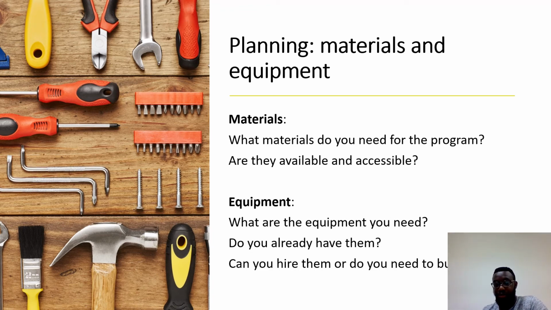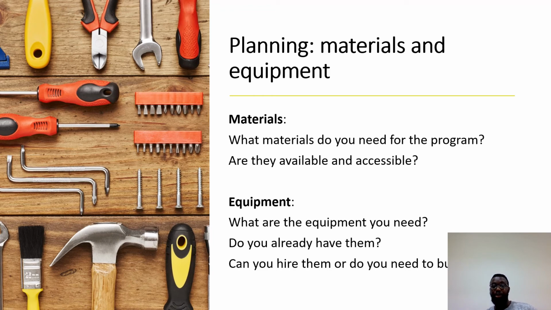Are they available for you? Do you need to buy these materials? How can you buy the materials? Have you thought about the money, the cost of buying the materials? Okay, are you going to create them? Are you going to have them donated to you? So before you decide on any of these things, you need to know what materials you are looking at. So this is part of your planning.